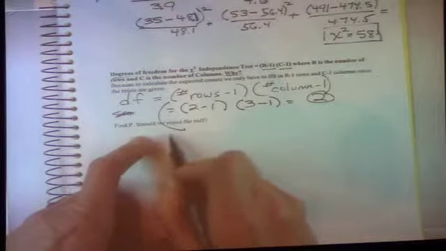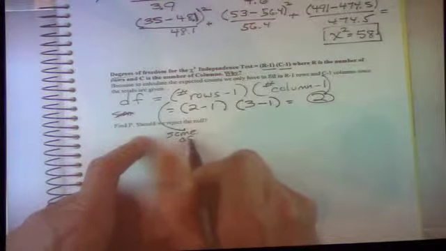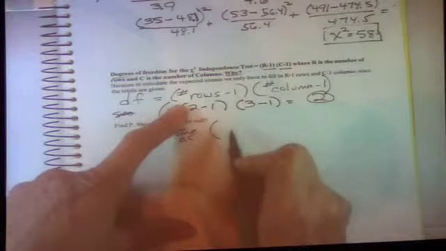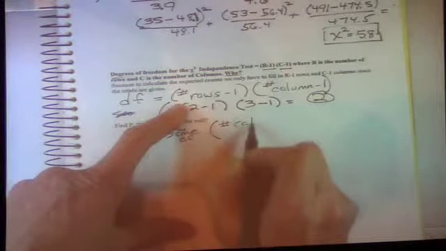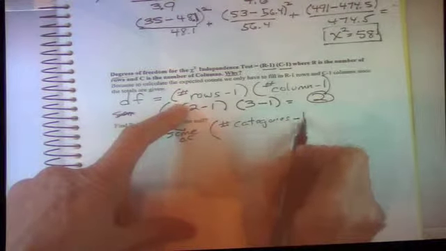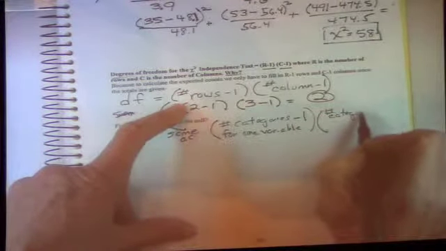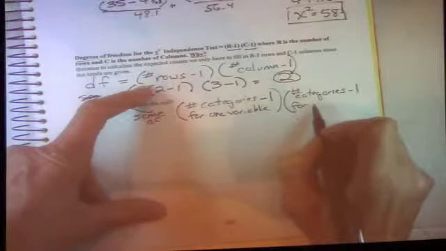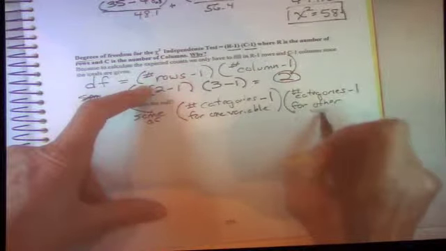Okay, so this is the same as the number of categories minus 1 for one variable, doesn't matter which one, for the row or the column variable, times the number of categories minus 1 for the other variable. That's all we're doing here.